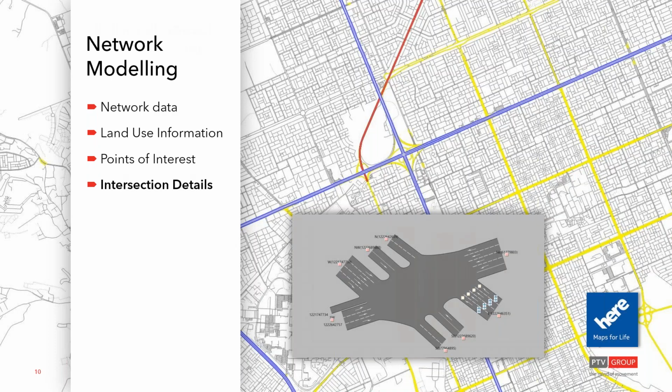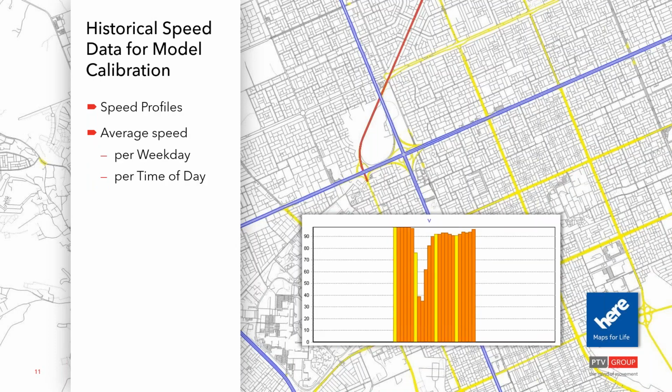Okay, what is also available from our providers directly is historical speed data in the form of speed profiles. So what we see here is an average over the last year of the speed measured on a link in a certain hour, in all the hours of the day, or here in 15 minute intervals.